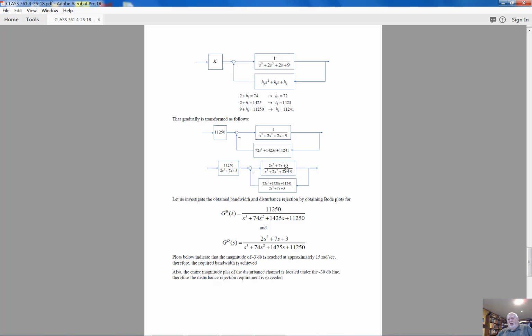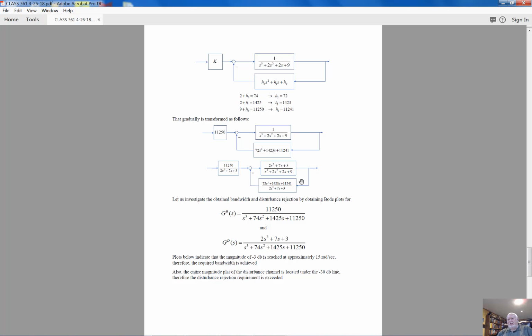Here I recalled and took into account the filter that was used to cancel zeros. Then I moved the summing junction to the input of the controlled plant. And guess what? Now you can see the control system block diagram with the exact transfer function of the controlled plant, with the feedback controller, and with the filter in the reference channel.